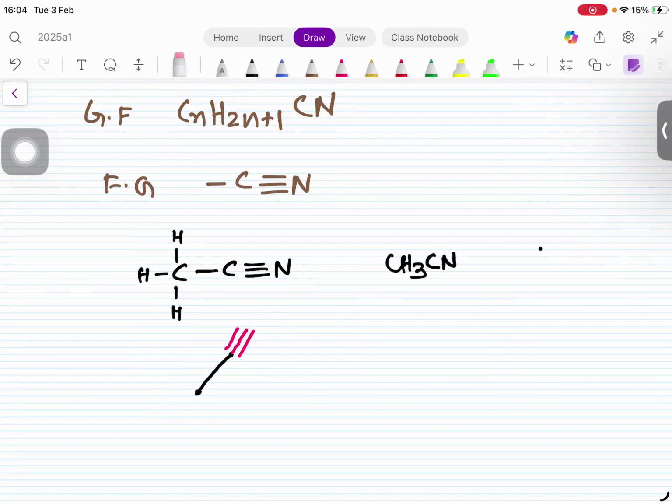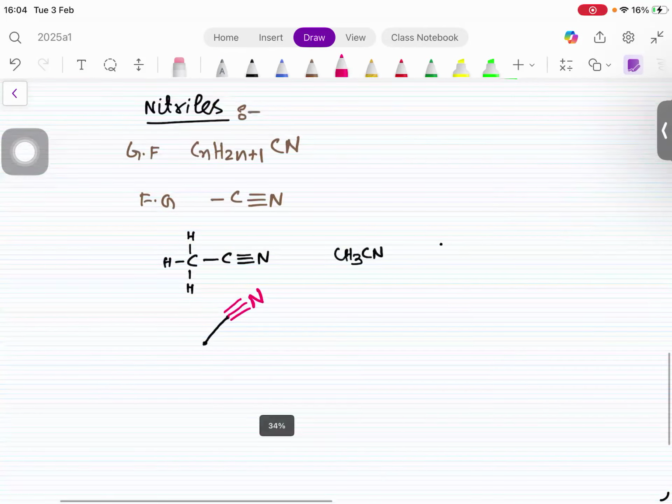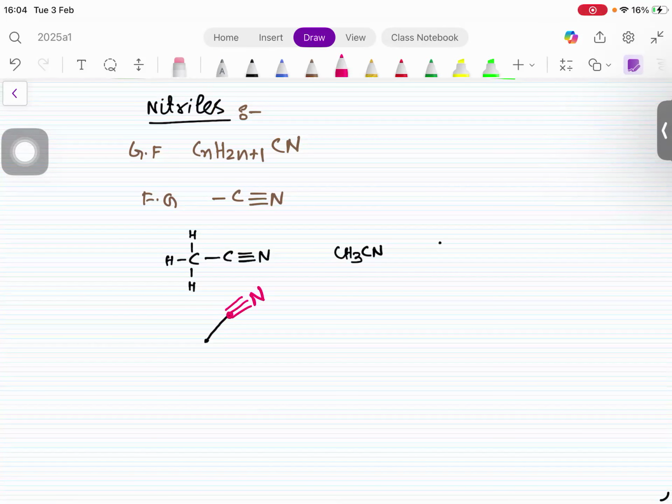So do we have to show the triple bond? Yes, you have to show the triple bond and then N attached to this. Yes, there are two carbons. Here is one carbon, here is another. Okay. This is known as ethane nitrile.